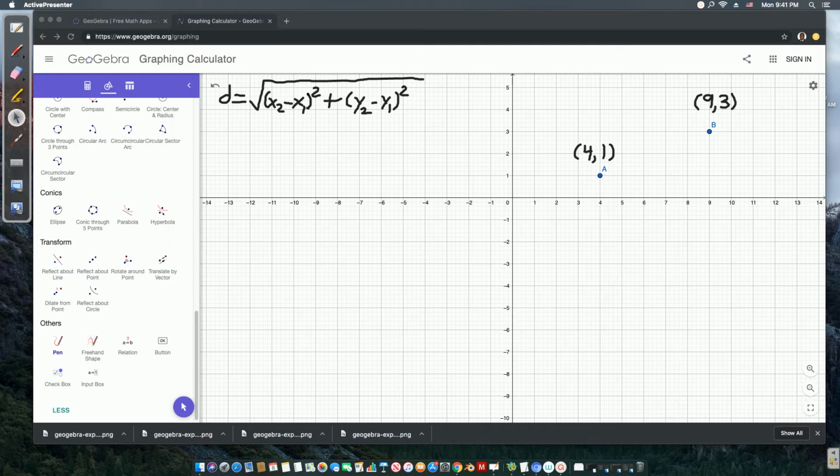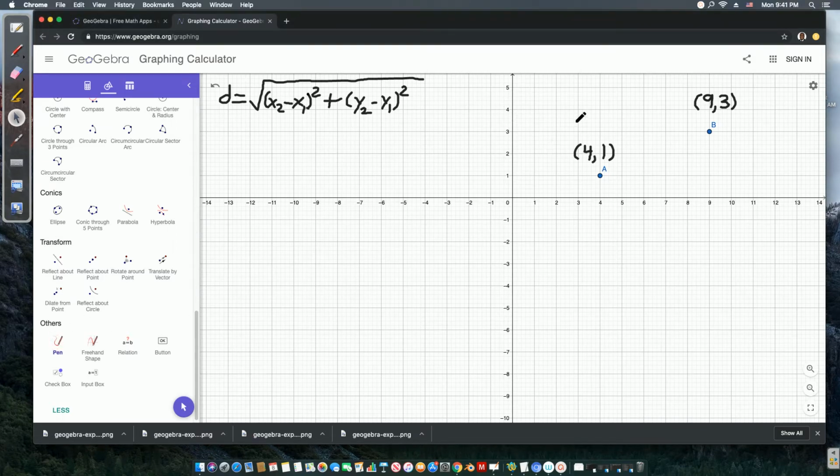And a good way to look at this is, let's look at it this way here. So we have the points there.